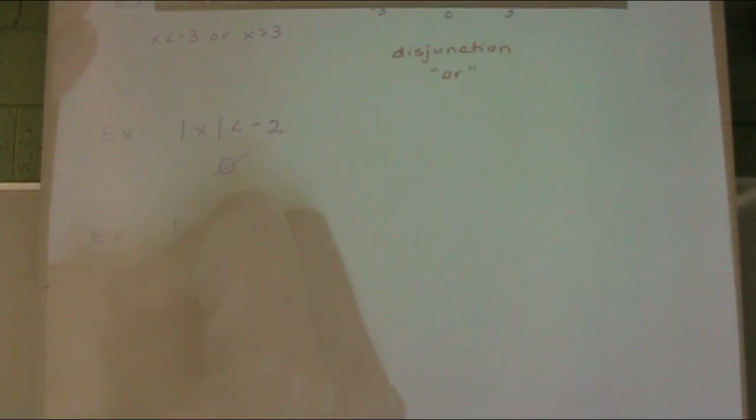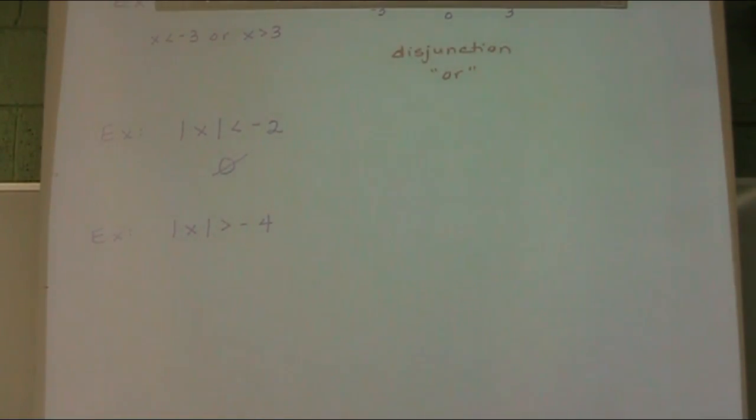The next example is absolute value is greater than -4. So let me ask you, what positive numbers will work in this inequality? What positive numbers will work here? All real numbers. All of them. And then you go to negative numbers.